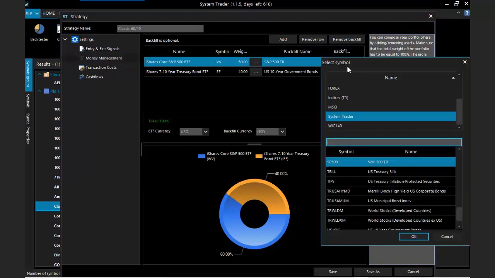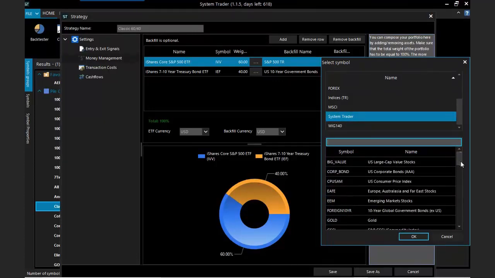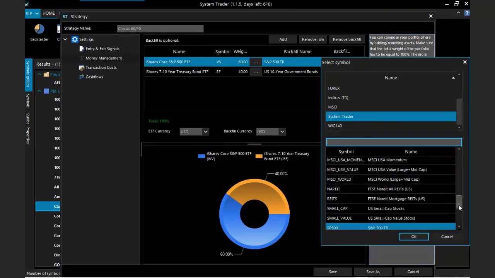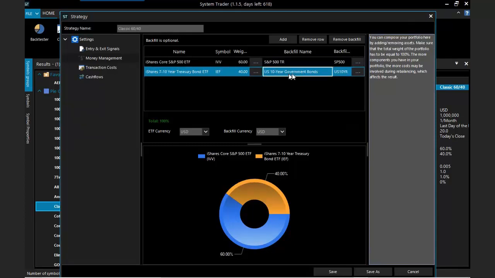And if you click here and go to the System Trader group, you see a couple of tickers for stocks, for commodities, for bonds, and so on, which go back even to the beginning of the 20th century. In that particular case, I set S&P 500 total return, and I set 10-year government bonds for IEF.